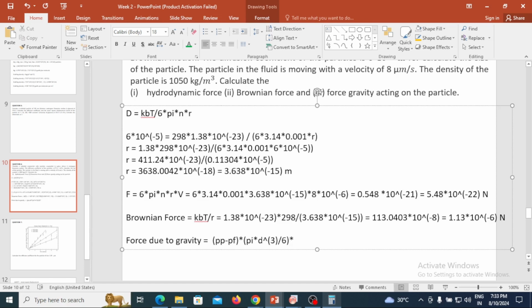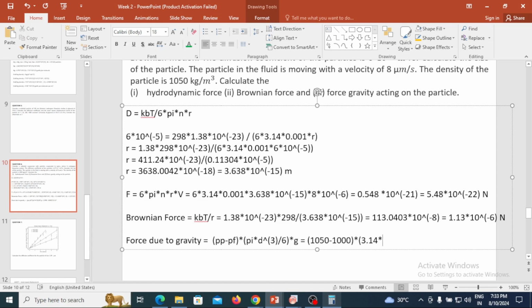So that is rho P, the density of the particle, given as 1050, minus the density of fluid, that is water, so that will be 1000 at 298 Kelvin, times 3.14 times D cube.